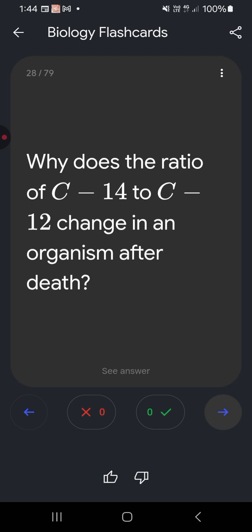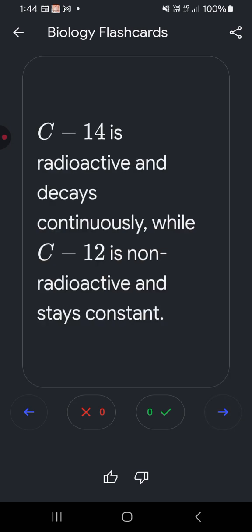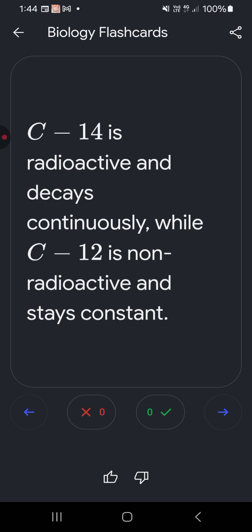We know the answer: because C14 is radioactive, its amount goes down. C14 decays continuously, while C12 is non-radioactive and stays constant. Therefore, the ratio between C12 and C14 changes over time, which can help us determine the age of that fossil.